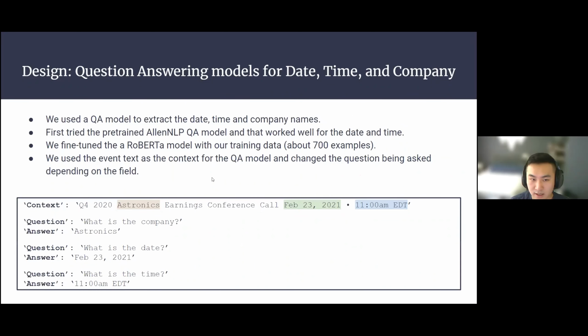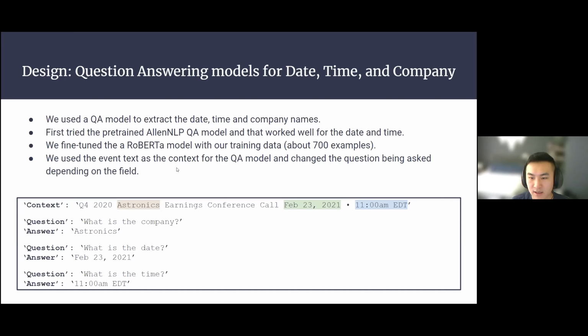Later on, we also tried to use a QA model to extract entities like the date, time, and company names. We first tried a pre-trained QA model from AllenNLP, and this worked pretty well with date and time, but it was lacking in finding the company names. So we decided to fine-tune the RoBERTa model on our training data, which was about 700 examples, to improve the extraction of company names.